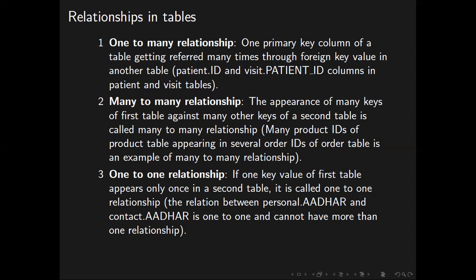Then many to many relationship. A particular table may have many foreign keys, and the particular table may be referred in many other tables. The primary key of one particular table may be referred in many other tables.